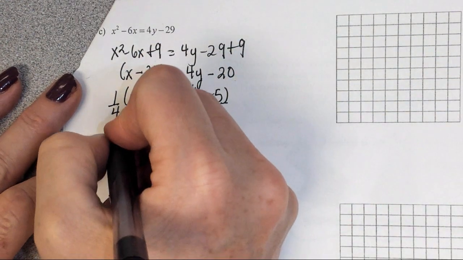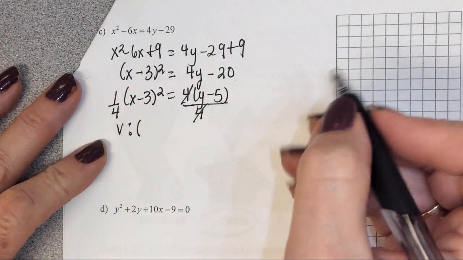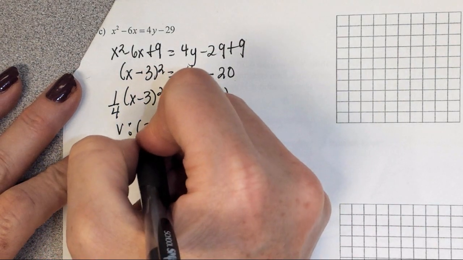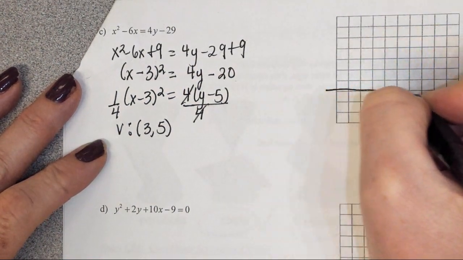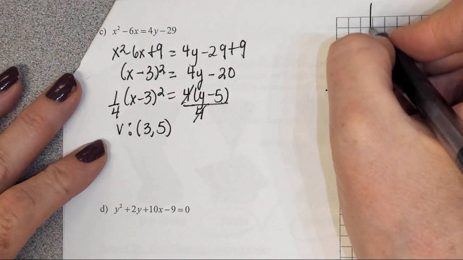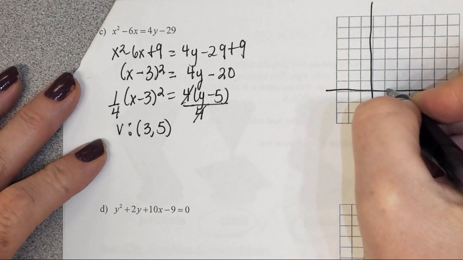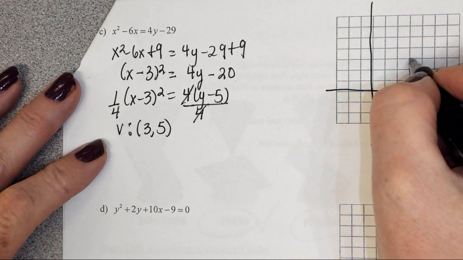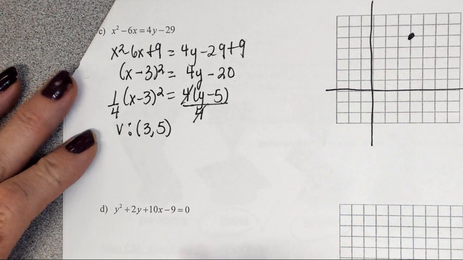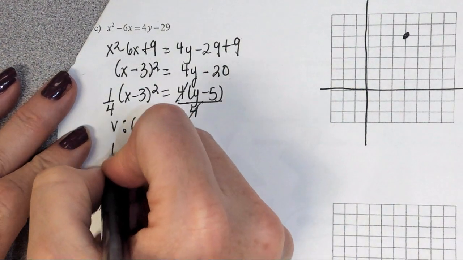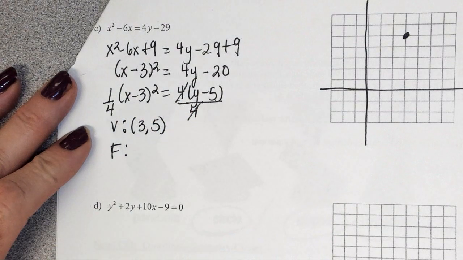Okay, so now where's our vertex going to be? 3, 5. All right. I'm going to change my axes so I can fit that on here. So 3, 5 is going to be our vertex. Okay, our focus. Which way is this going to open? Up, down, left, or right?